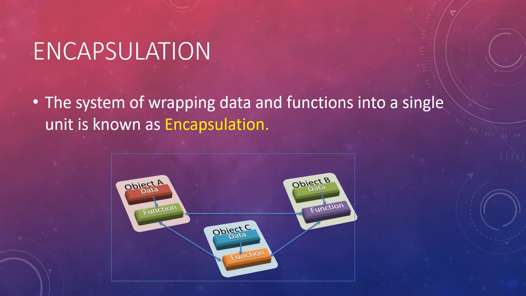In this context, it can be inferred that the state and behavior are encapsulated in object oriented programming to prevent their isolation from each other. The system of wrapping the data and functions into a single unit is known as encapsulation.